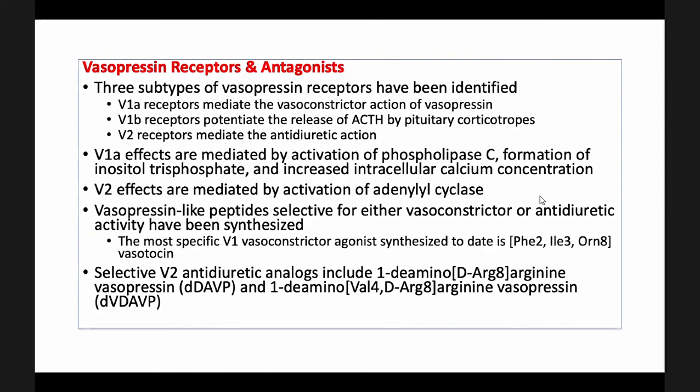There are three subtypes of vasopressin receptors that have been identified: your V1A, V1B, and V2. V1A receptors mediate the vasoconstrictor action of vasopressin. Your V1B receptors potentiate the release of your ACTH by the pituitary corticotropes, while your V2 receptors mediate the antidiuretic action.